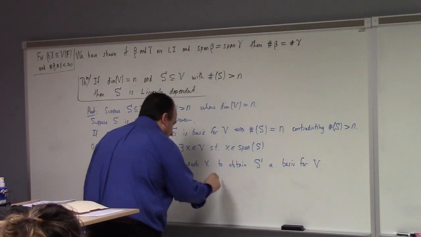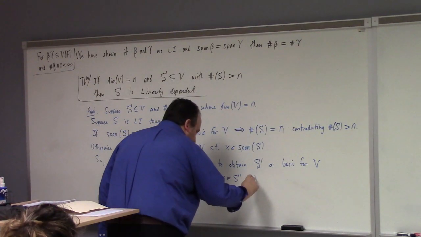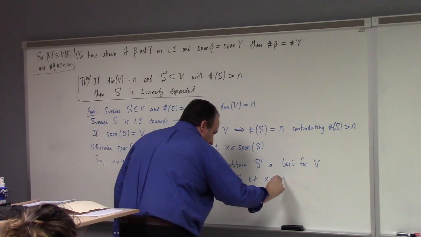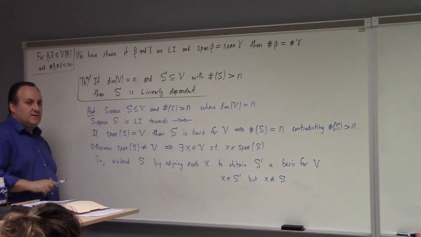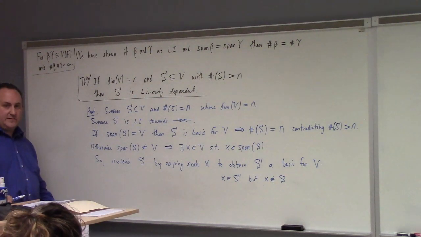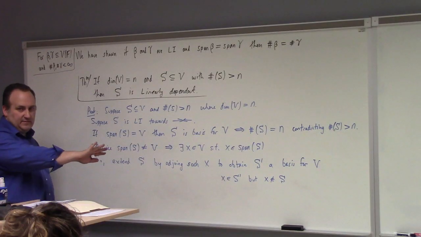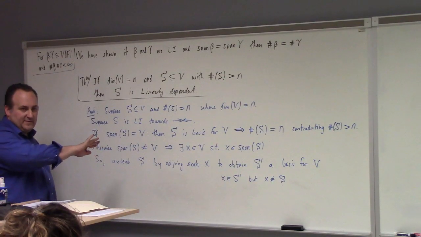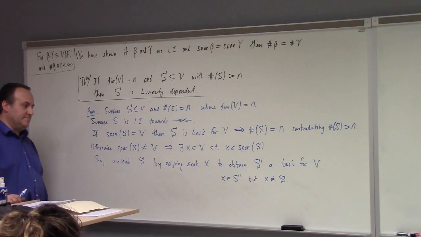So like X is an element of S prime, let's say, but X is not an element of S. Do you understand? We're extending S to a basis for V. Now, why do I know I can do that? I know that from the extension theorem we had the other day. We can extend any linearly independent subset of a vector space to a basis for the vector space, right? That was the big theorem, actually.